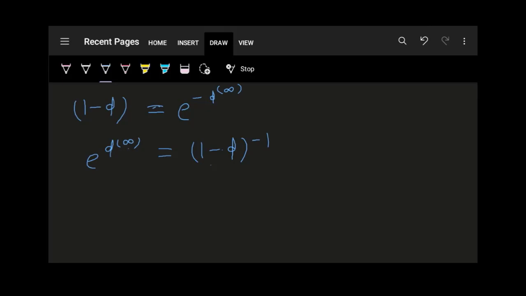In earlier videos, we saw that 1 minus d is the 1-year discounting factor. V is equal to 1 minus d. And when the effective discount rate is given, 1 upon v will be the accumulation factor of 1 year.